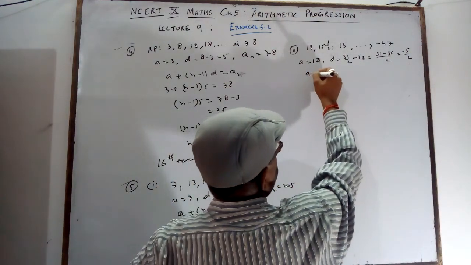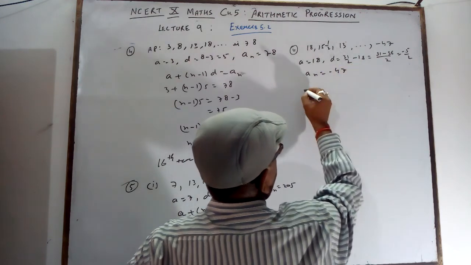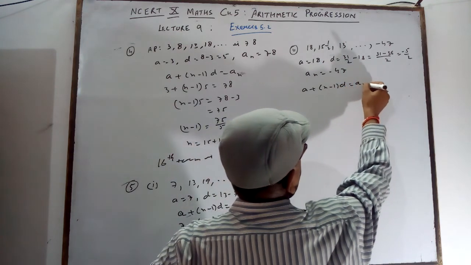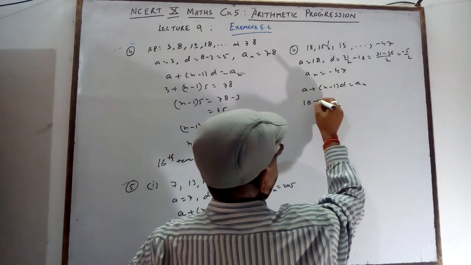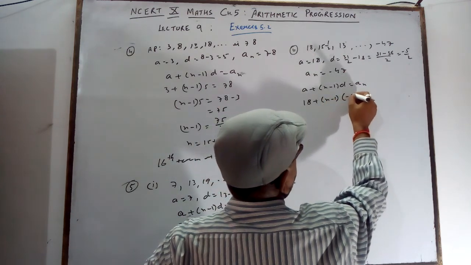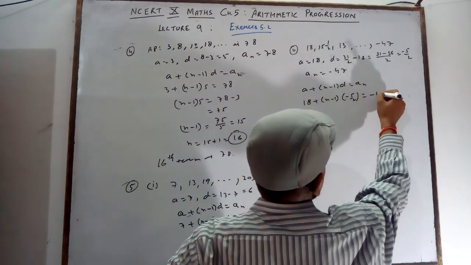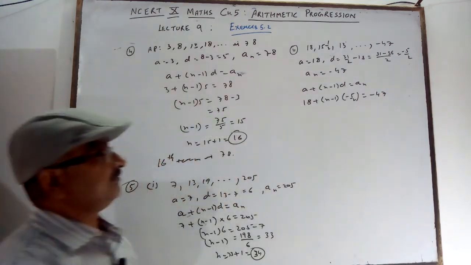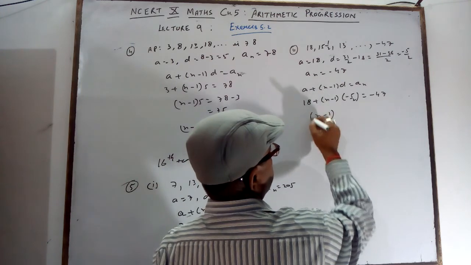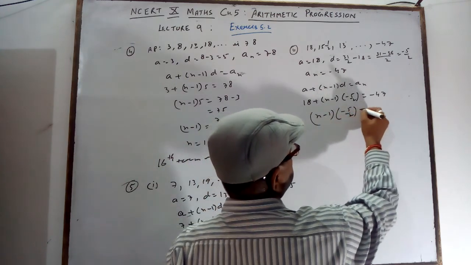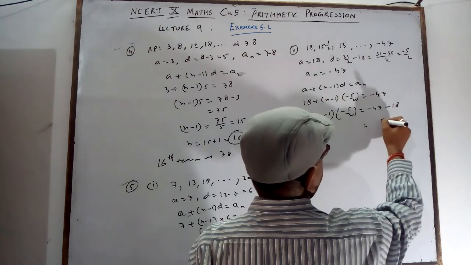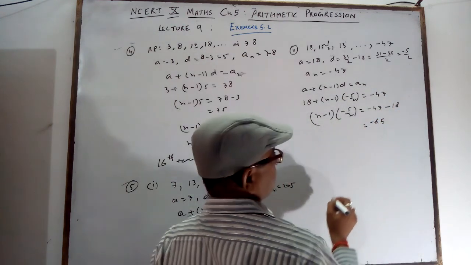AN is given, minus 47. So the formula: A plus N minus 1 into D is equal to AN. What is A? 18 plus N minus 1 into minus 5 by 2 is equal to minus 47. Put all the values except N. So N minus 1 into minus 5 by 2 is equal to minus 47 minus 18, that is minus 65.